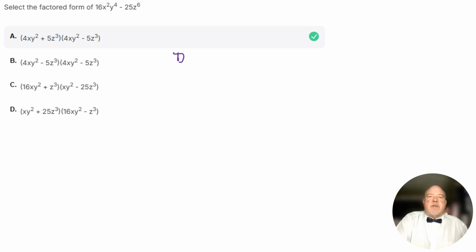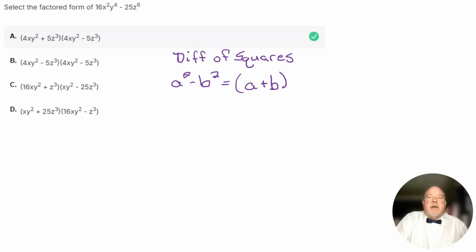Difference of squares looks like this. It's a squared minus b squared equals a plus b times a minus b.